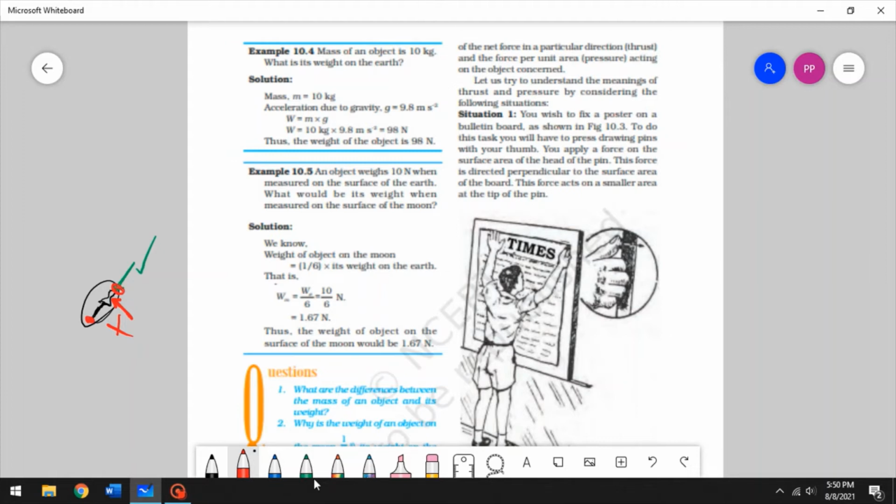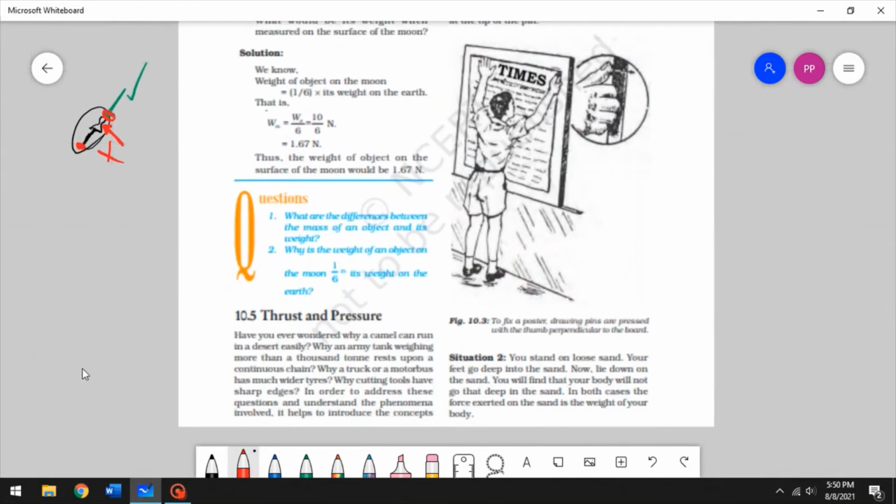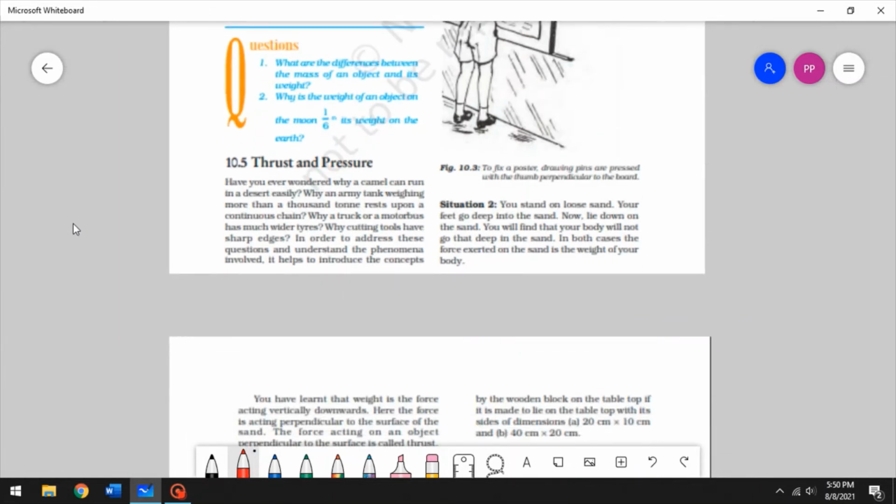So that is one situation in which you use a smaller surface area to fix a chart on a bulletin board. You're using your thumb to press the side of the pin with a larger surface area, and that is when the force is being applied perpendicular to the board.